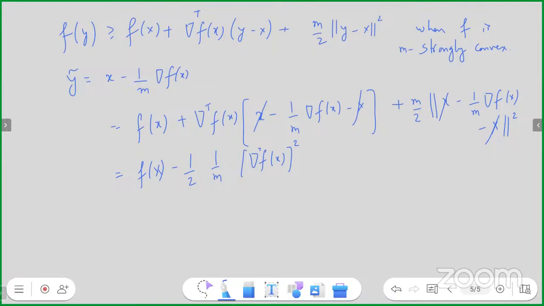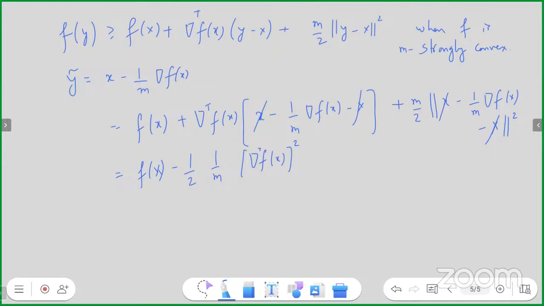So in other words, what is true for strongly convex functions? That estimating this is sufficient to estimate the gap from the optimizer. Why? Let me give you the punchline. This holds for all y's, right?